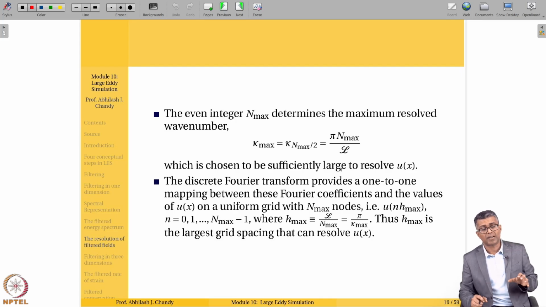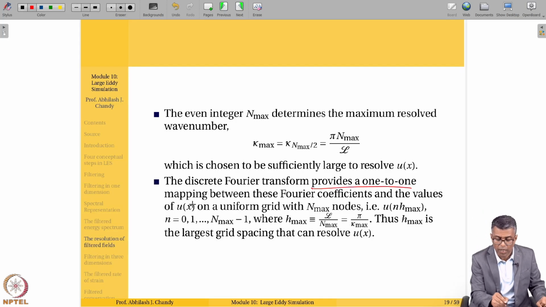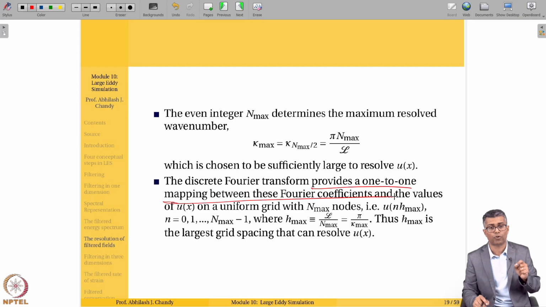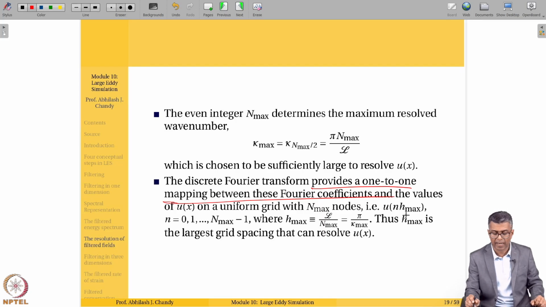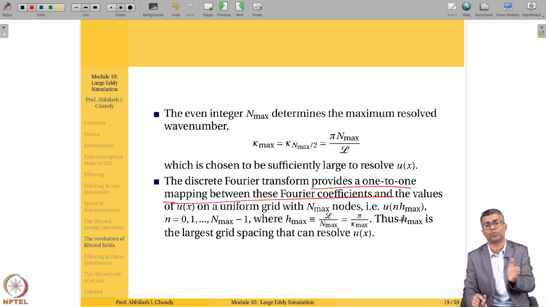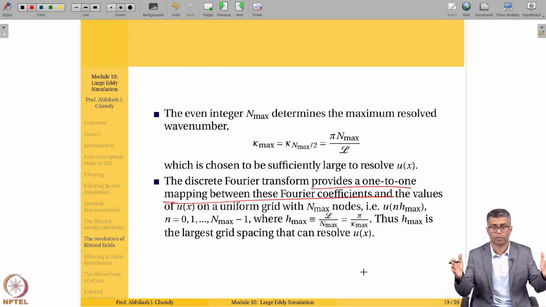Now, the discrete Fourier transform provides a one-to-one mapping between Fourier coefficients and the value of u of x on a uniform grid with Nmax nodes. That is, u of n h max, where n is equal to 0 to Nmax minus 1, where h max is the total box size L divided by Nmax, isn't it?